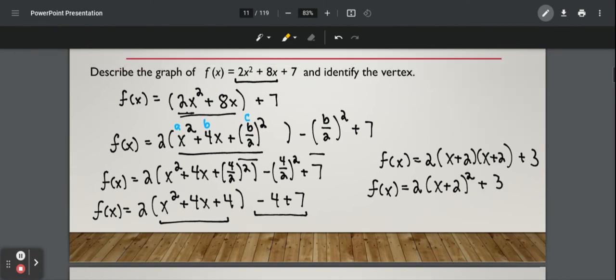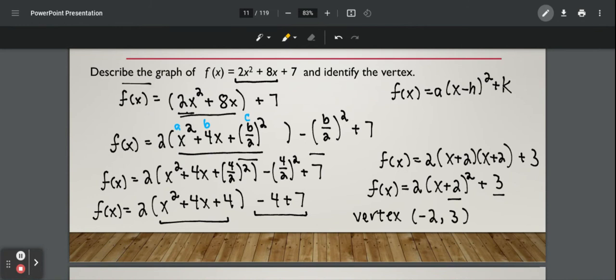So now this is in that standard form, which remember was your f of x equals a times x minus h squared plus k. And so if we need to find the vertex, we need to look at the h and the k. So in this case, our vertex for this parabola would be (negative 2, 3), and if we had to describe the graph, it would be a parabola opening up, because the 2 is positive.